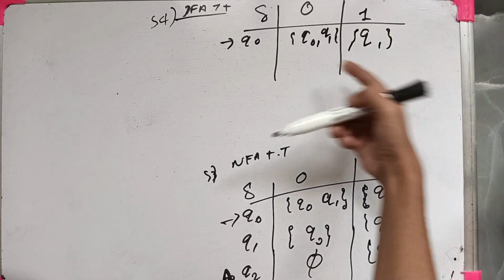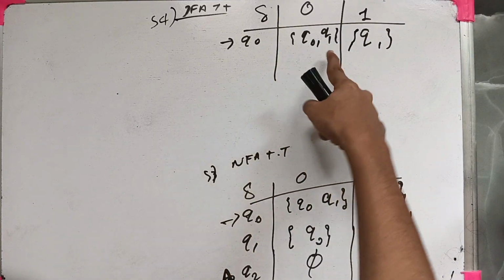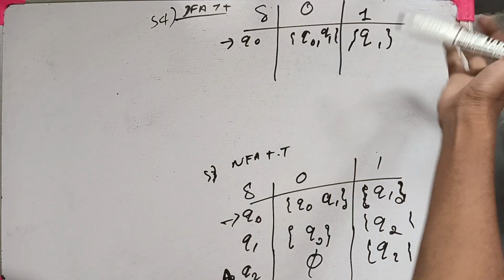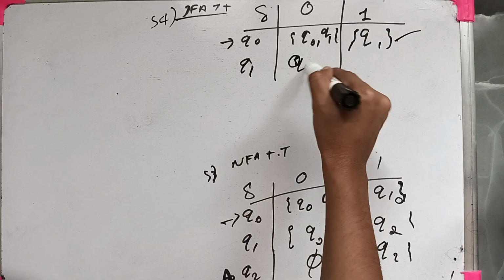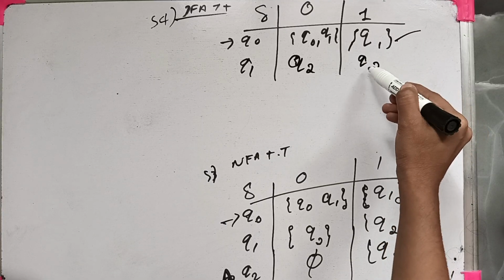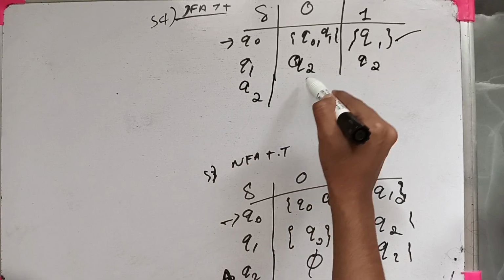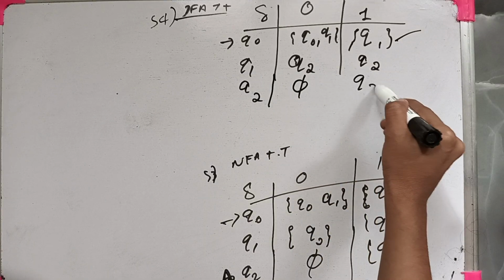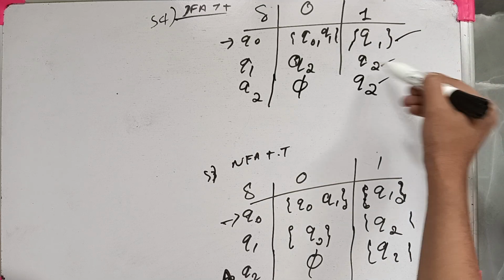Okay, next we need to check whether all these states are present here or not. So write Q1 here. Okay, Q1, next this is Q2 and Q2. So next write the Q2 state. After that, this is done, this is done, this is done.